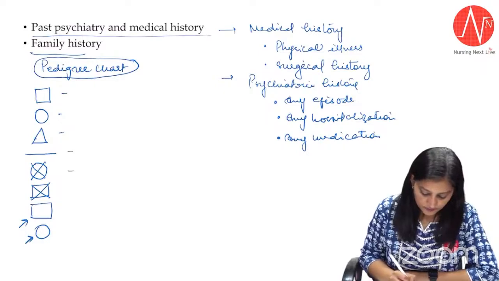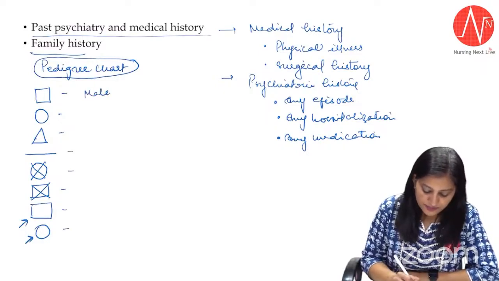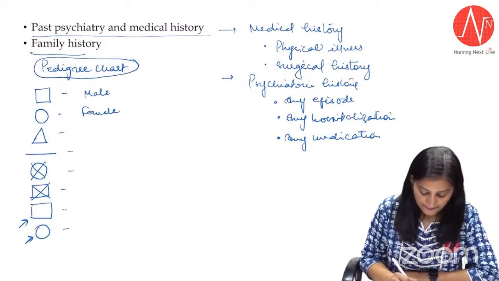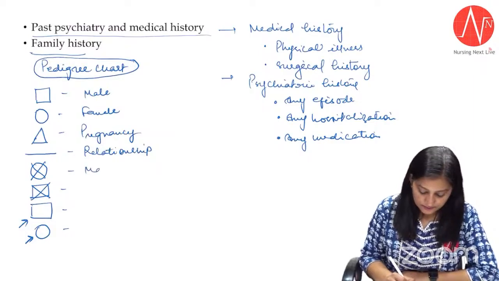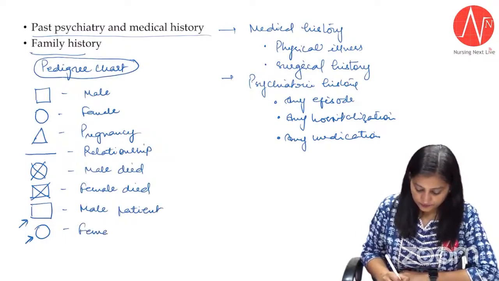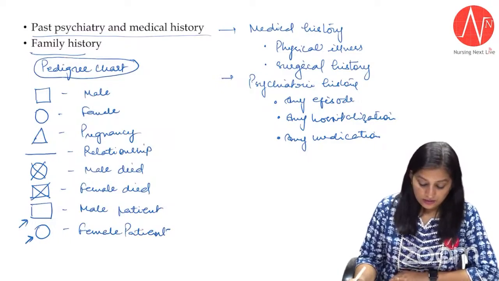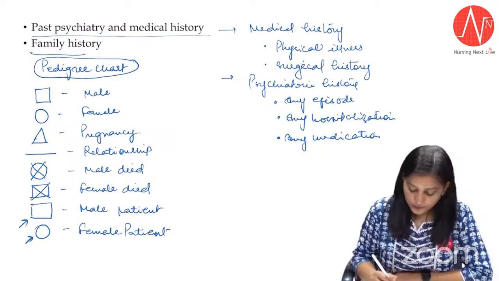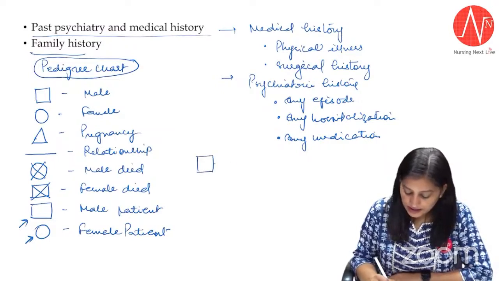Okay, so this is denoted as male, female, pregnancy, relationship, male died, female died, male patient, female patient.